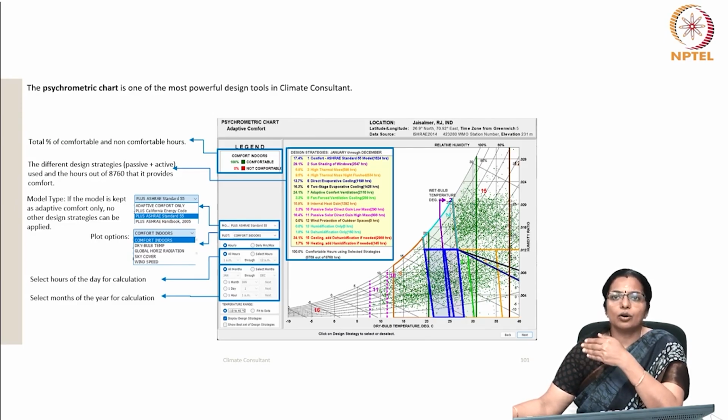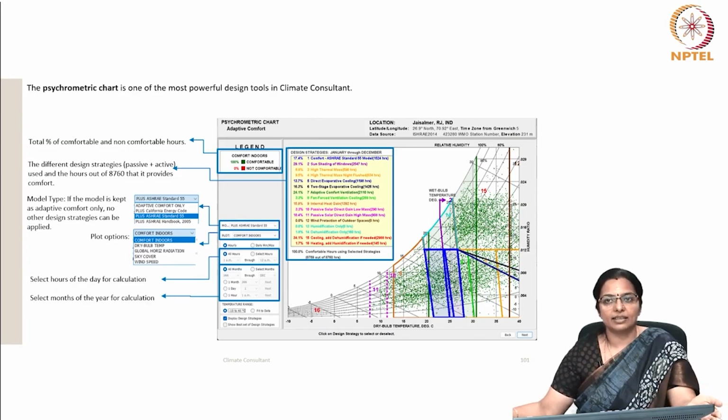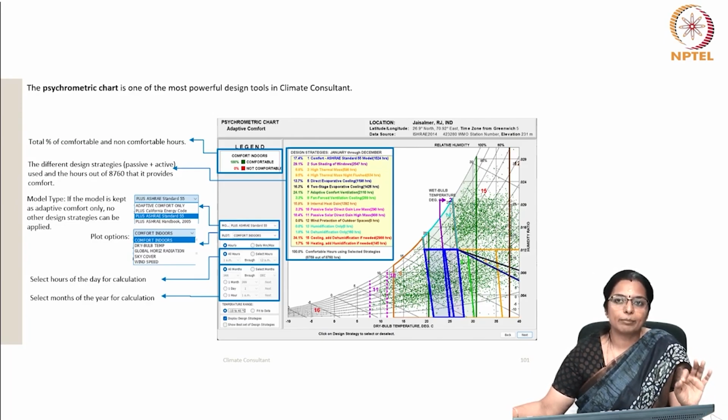The curved line on the far left is the saturation line, which is the 100% relative humidity line, which represents the fact that at lower temperature, air can hold less moisture than at higher temperature. Every hour in the EPW climate data file is shown as a dot on this chart. Some dots may represent more than 1 hour.